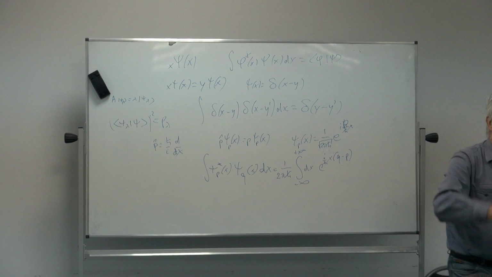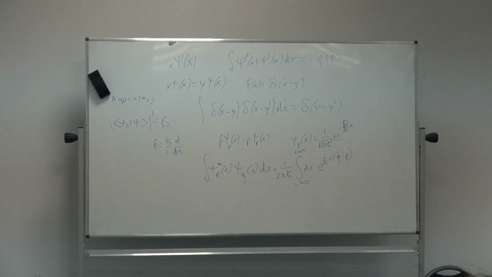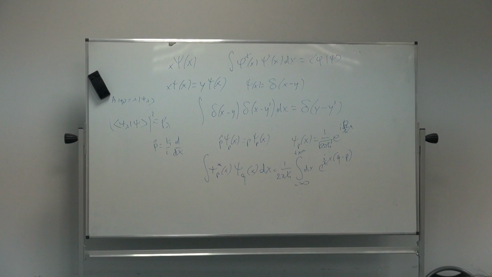Now, you probably know that the Fourier transform of such an exponential is a delta function, and this 2 pi h bar is just taking care of the coefficient.